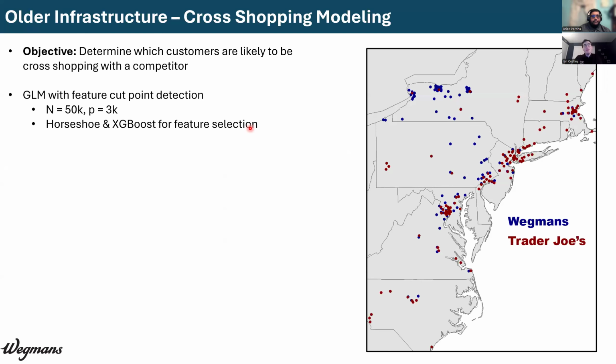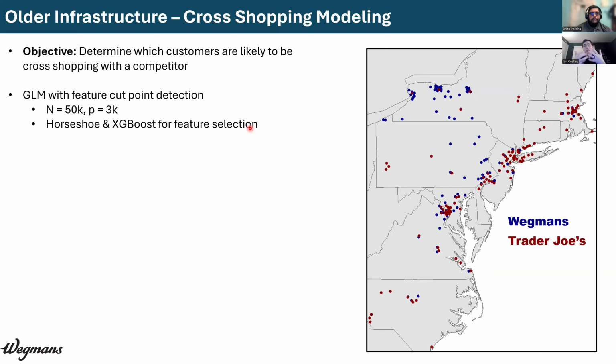Here we're using your vanilla GLM for logistic regression, but because the business is specific as to how they want to turn on and off covariate behaviors, we use cut point detection. It's quite beefy: around 50,000 customers and 3,000 covariates.